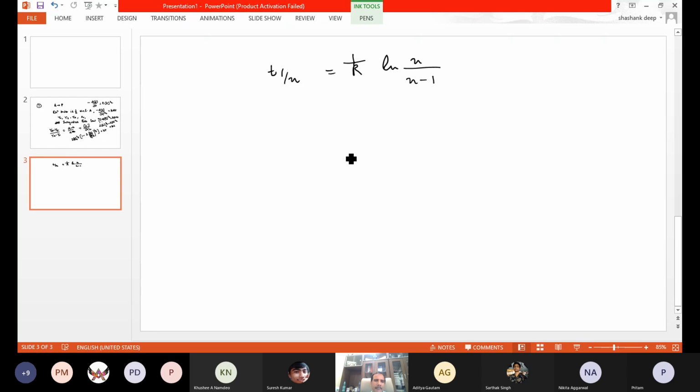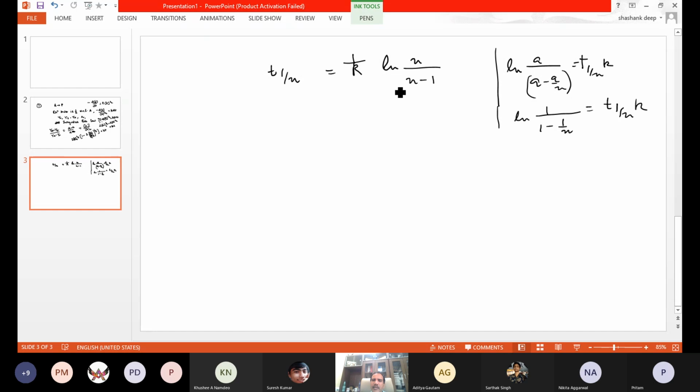Or you can simply write ln a by (a minus a by n) is equal to t at 1 by n into k. So this is ln 1 by (1 minus 1 by n) is equal to t at 1 by n into k. From that you can get this.